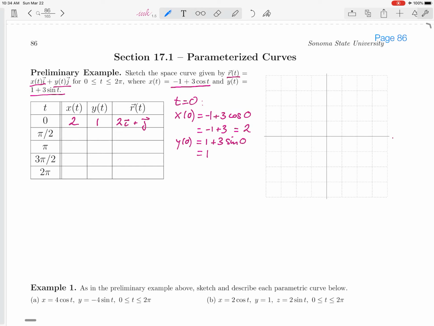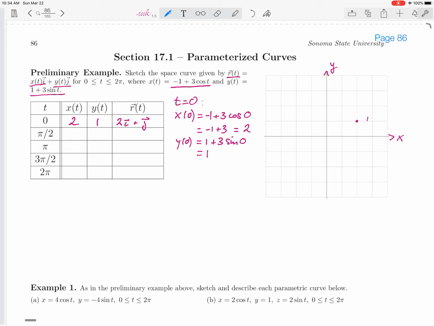Let's draw the points as we create them. This right here tells us where the particle is at time t equals 0. We have our x coordinate, we have our y coordinate. So at t equals 0, we are looking at the point x is equal to 2 and y is equal to 1. That's this point right there.